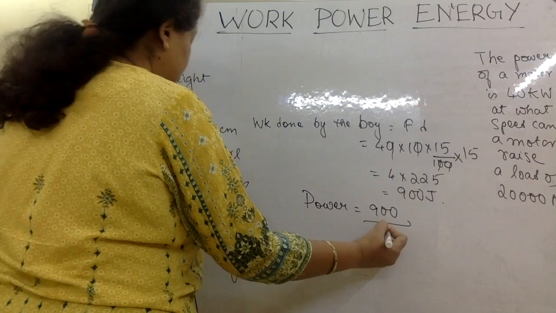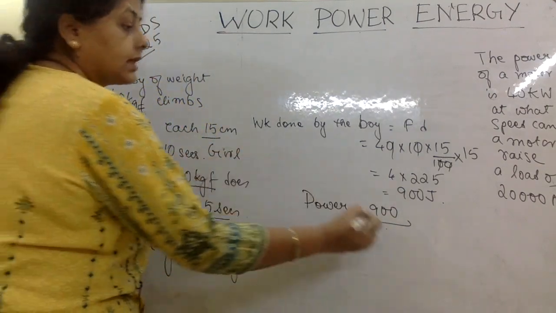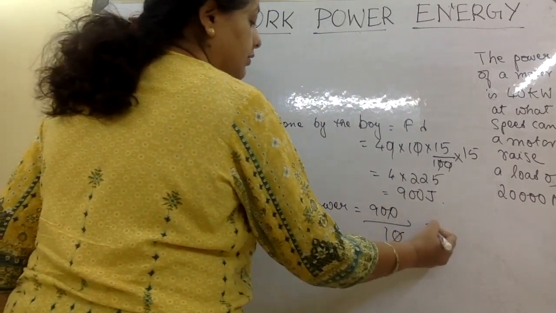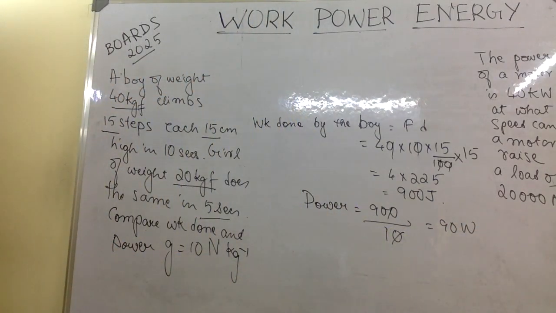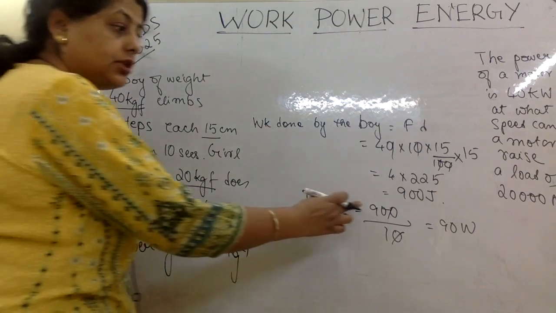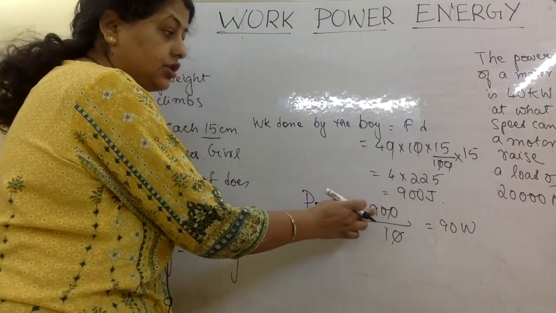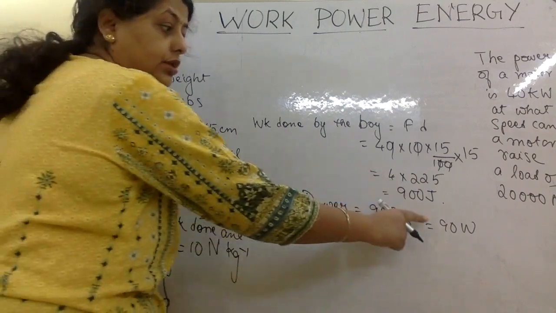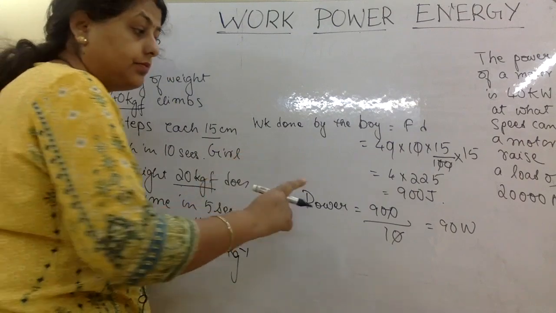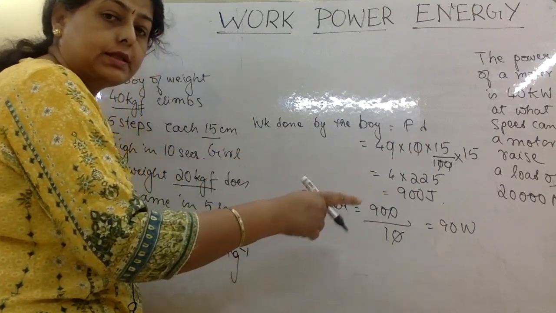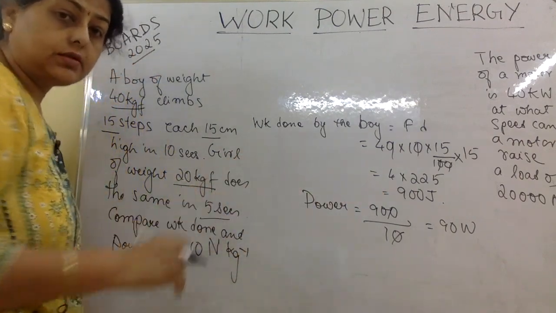Time is how much? He does it in 10 seconds. So 900 by 10, that is 90 watts. Work is in joules, time is in seconds, you get power in watts. Now let's see what the girl does.